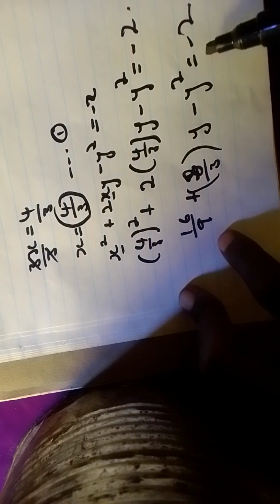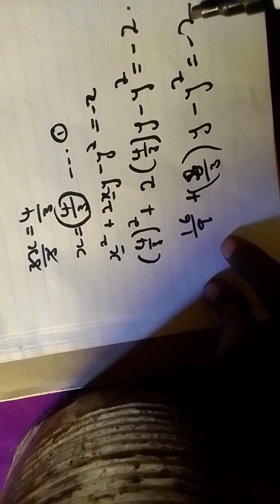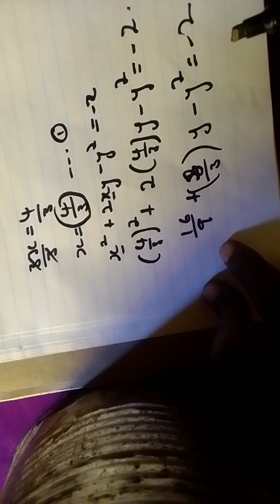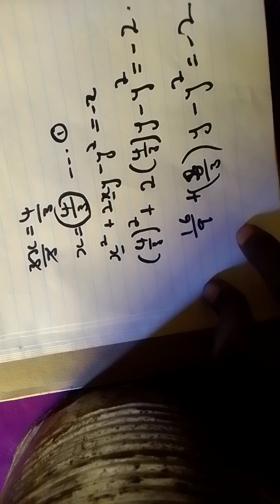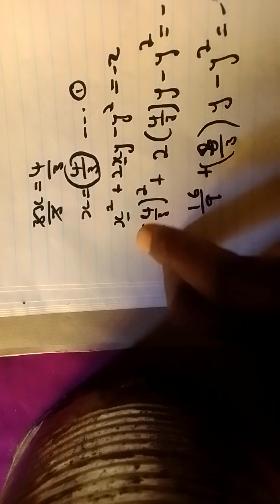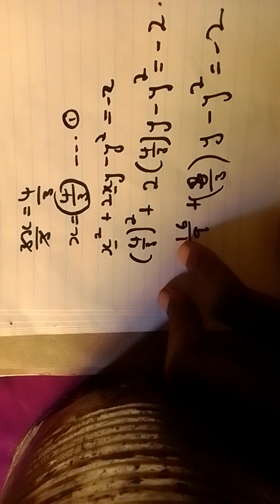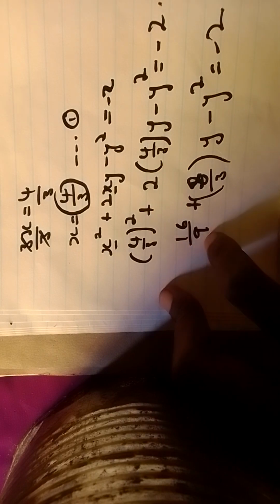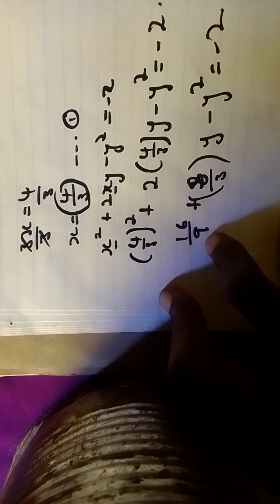Now, what do we do from here? We take this one and cross the equal sign. Let me write it down before I cross the border. Negative 16 divided by 9 plus 8 divided by 3y minus y squared is equal to negative 2.